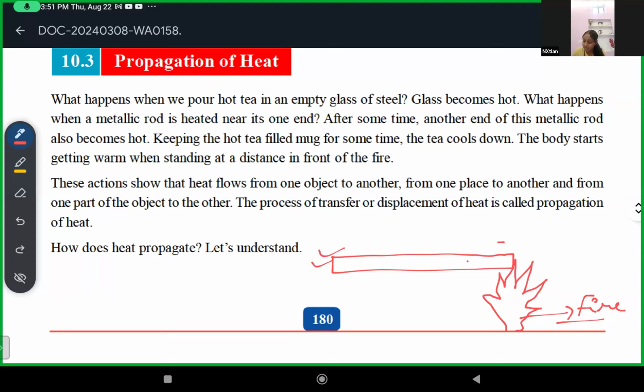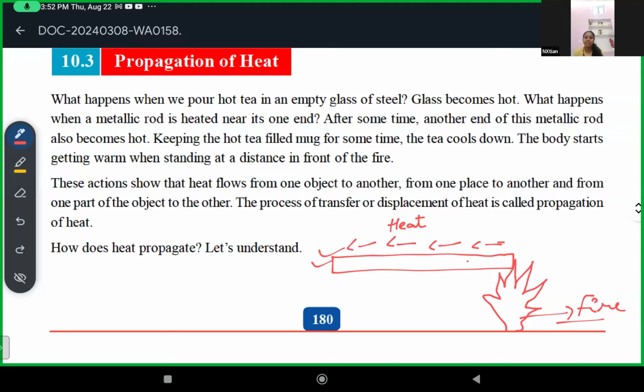Why? Because heat is moving from the end which is heated up to the other end, which is not on flame.